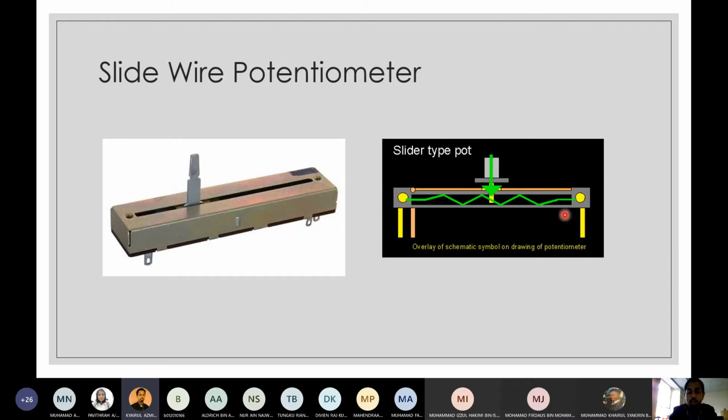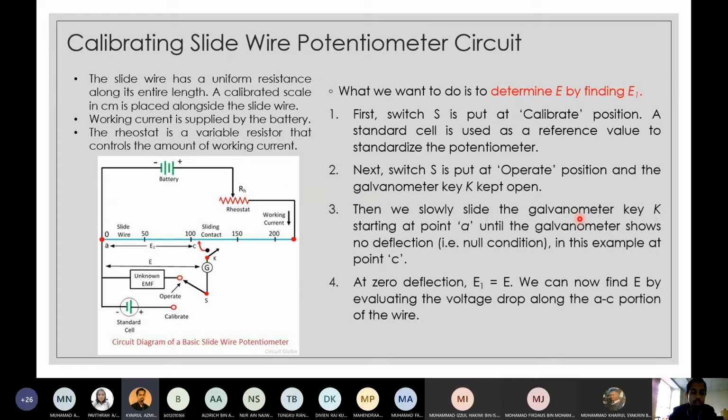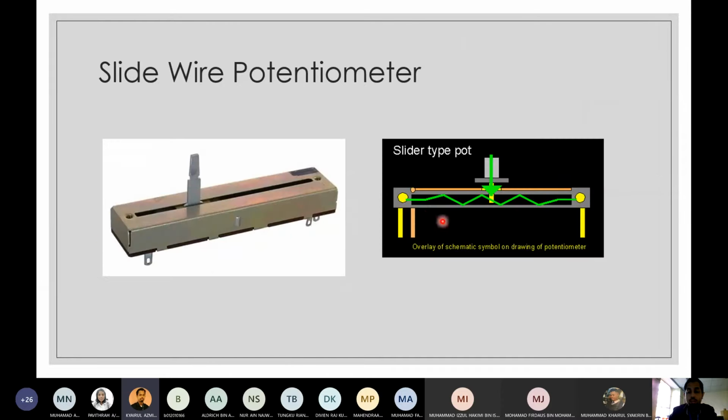So we have the yellow one as the input and the output. If we go back here, the red dots are the position where we connect our voltage source, the input and the output. So these red dots here are equivalent to the yellow pins here.